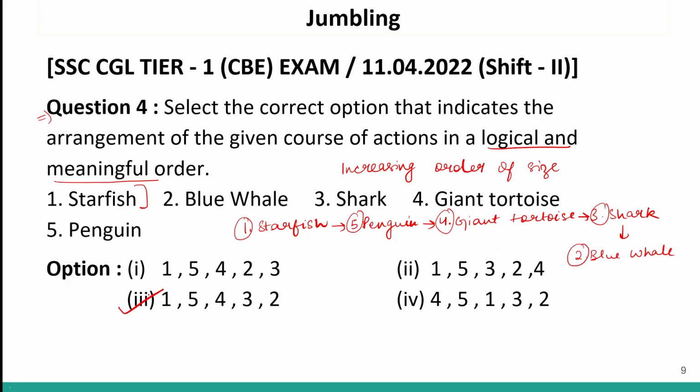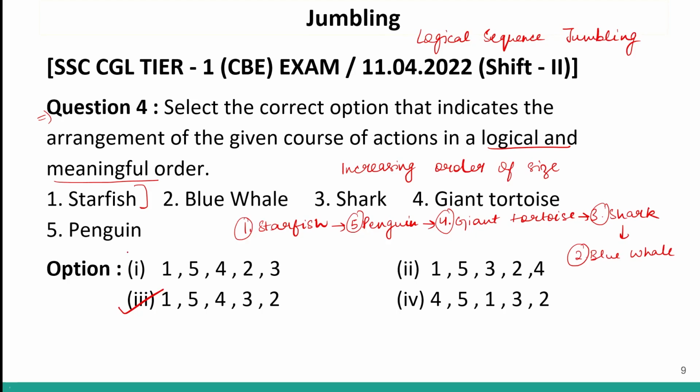option number 3. So whenever you get a question like this in which you have to arrange them in logical sequence, remember we did this type, logical sequence jumbling. In logical sequence jumbling, we were given certain words or certain phrases, certain sentences, and we had to arrange them in a logical form.